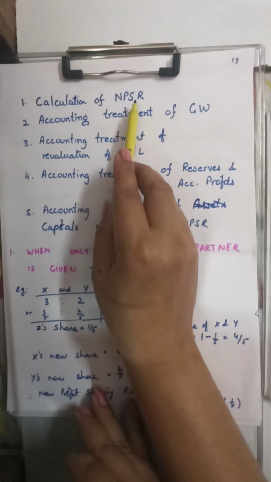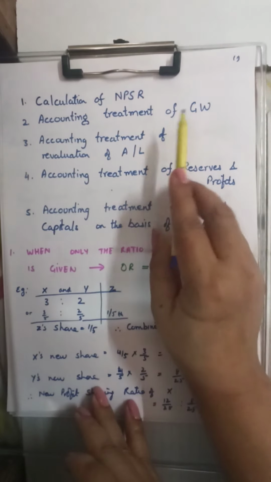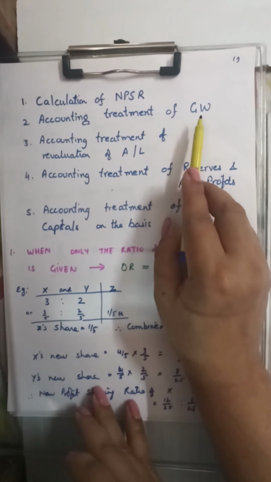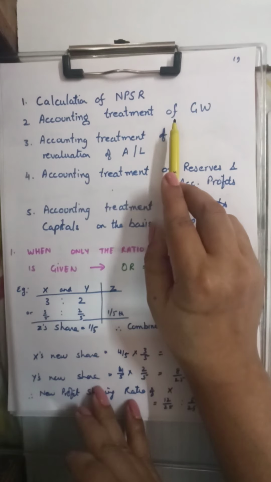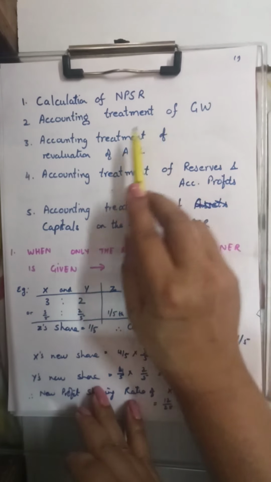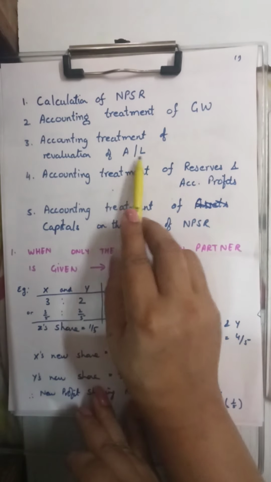That's the first change. Then the next change is the accounting treatment of goodwill. This new partner brings in his share of goodwill, so accounting treatment has to be given to that goodwill. Then accounting treatment and revaluation of assets and liabilities.